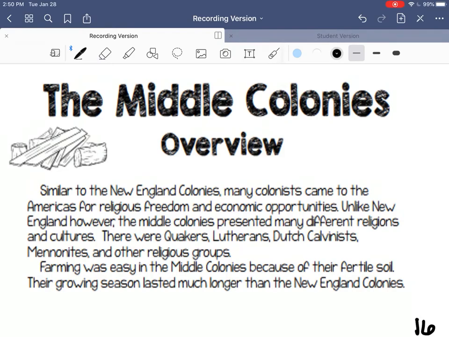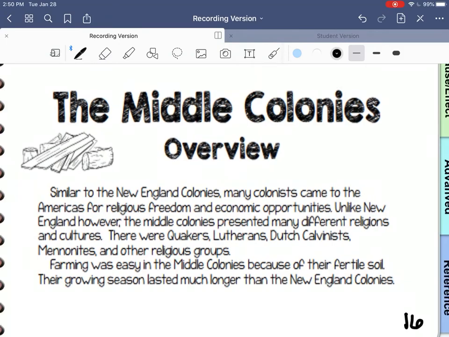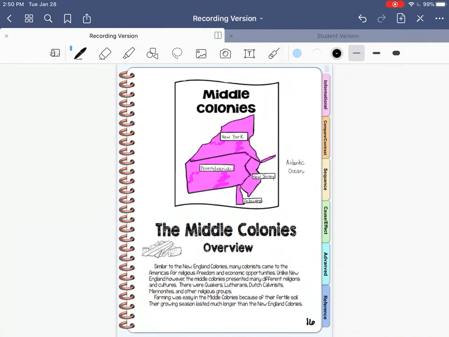There were Quakers, Lutherans, Dutch Calvinists, Mennonites, and other groups. Farming was easy in the middle colonies because of their fertile soil. Their growing season lasted much longer than the New England colonies. So that is life in the middle colonies.